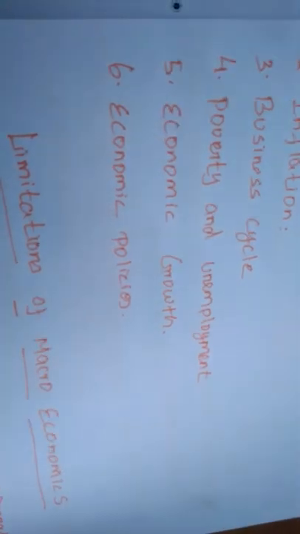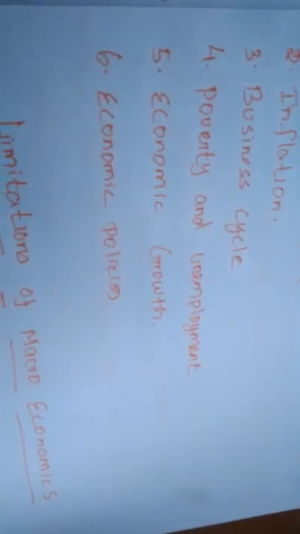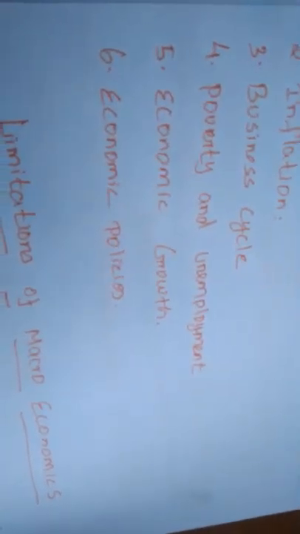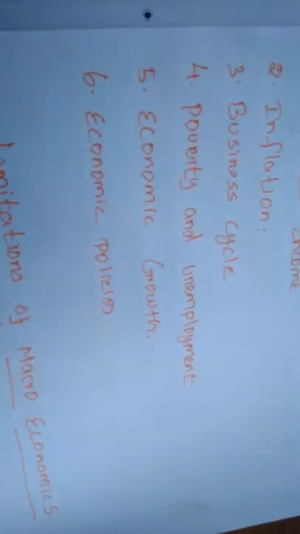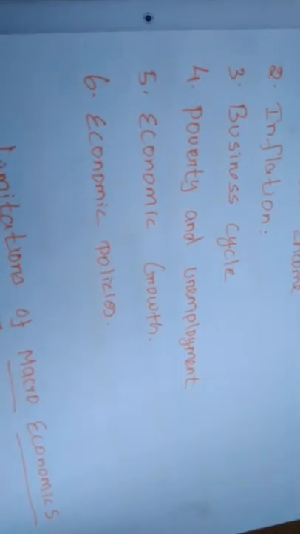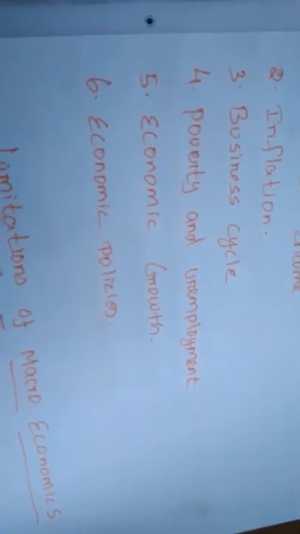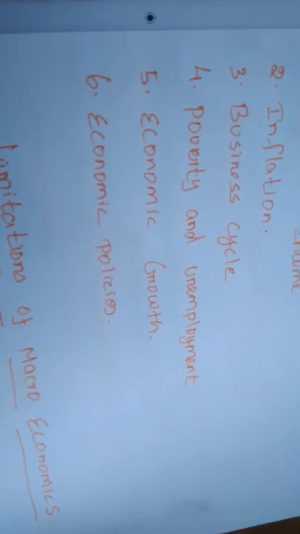And last, another major area of macroeconomics is economic policies. Macroeconomics is significant for evolving suitable economic policies. So macroeconomics provides the suitable economic policies for solving all the economic crises. Economic policies are necessary to solve the basic problems, to overcome the obstacles and to achieve growth.